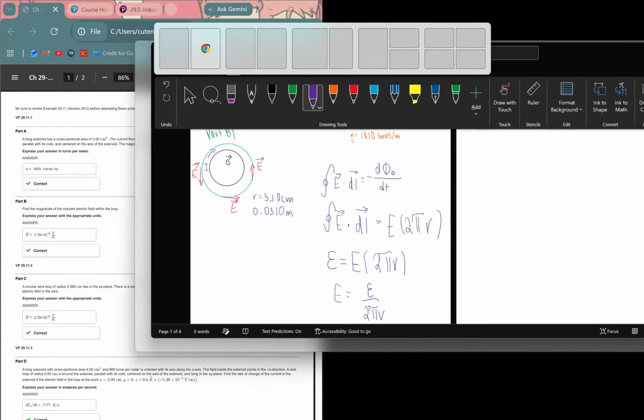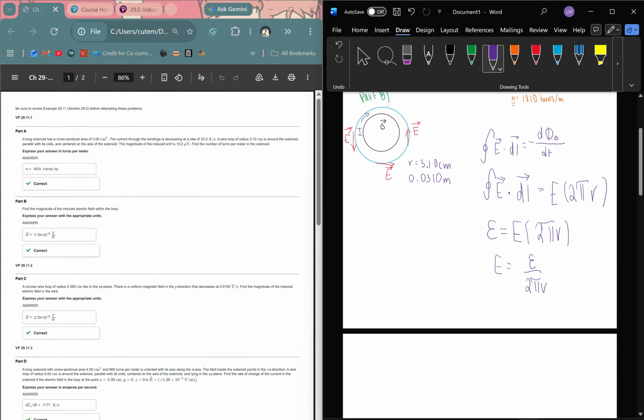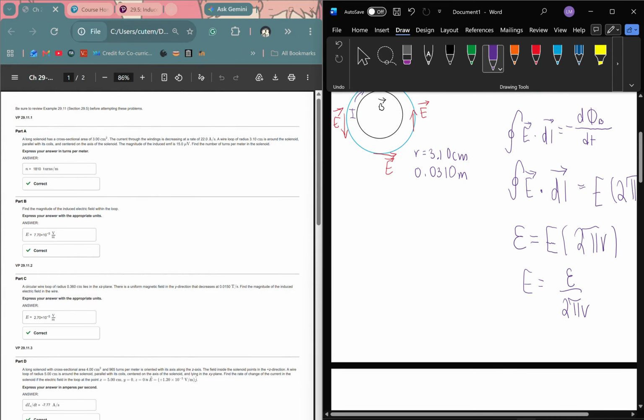So let's start by converting the EMF that we know. I'm going to write everything down over here. We know that the EMF in this part is 50.0 microvolts, but we're going to convert it to volts, times 10 to the power of -6 volts.